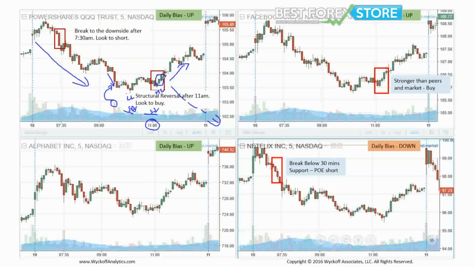So reversal is happening right here, and what would we be trading? We don't want to trade Netflix anymore because of the down bias. We want to trade something that is going to be stronger than the peers in the market. So as I look at, let's say, this picture right here, it seems that the market is stronger than Google, but it's also a higher low, so also a possibility.